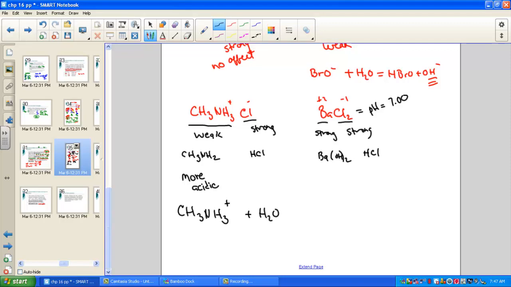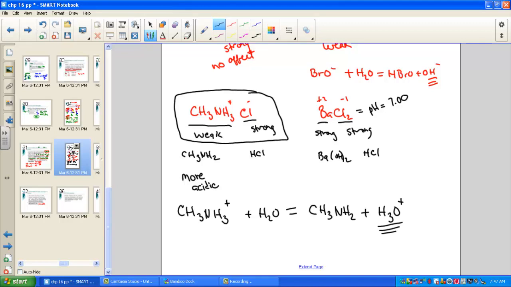It undergoes hydrolysis, putting the proton back on the water, forming its conjugate base. The solution becomes more acidic. Positive ions, when they undergo hydrolysis, make the solution more acidic. So the salt with the more acidic pH is methylamine chloride. It would have a pH lower than 7, whereas barium chloride would have a pH of exactly 7.